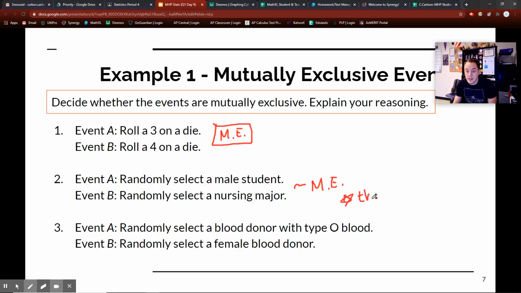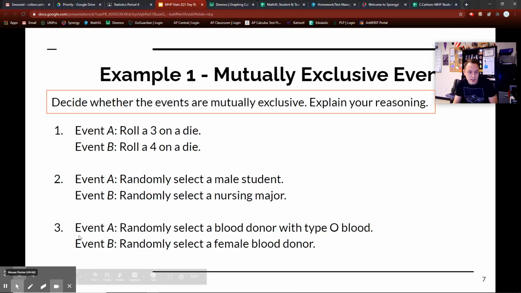So I'm going to write that. There is overlap, because you can be a male and a nursing student. You randomly select a blood donor with type O blood, and then you randomly select a female blood donor. Well, this is definitely not mutually exclusive as well, because you can be a female with O blood, right? Absolutely.